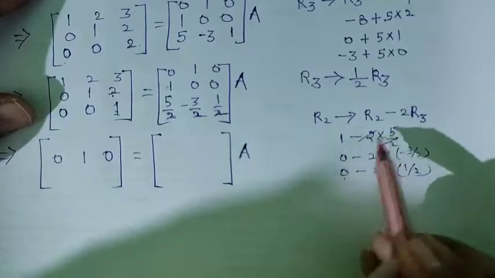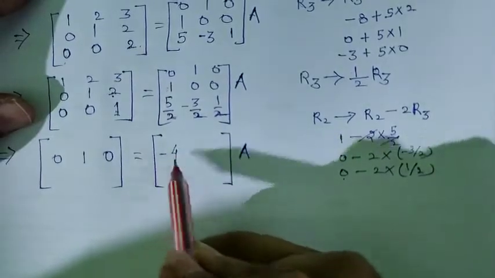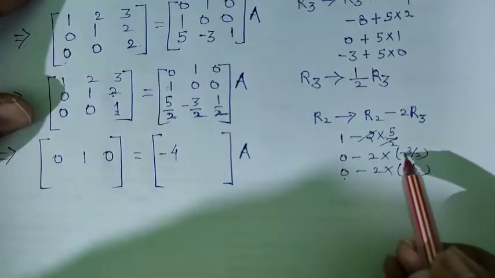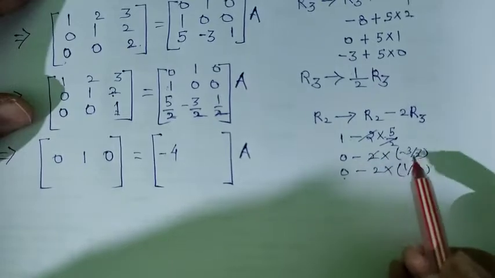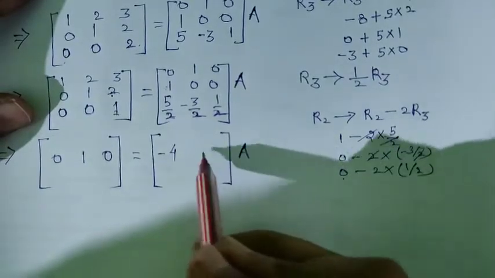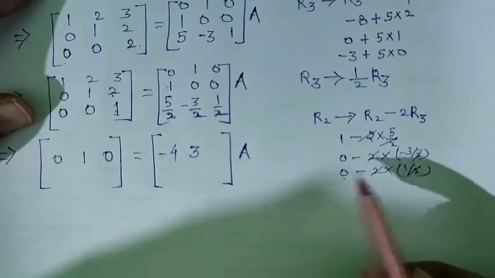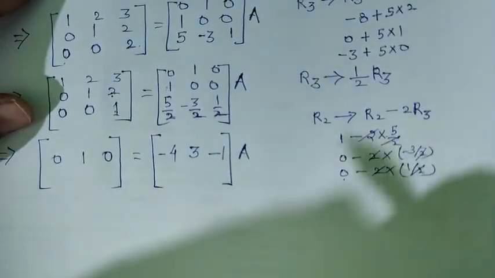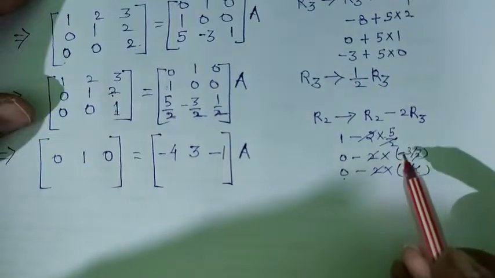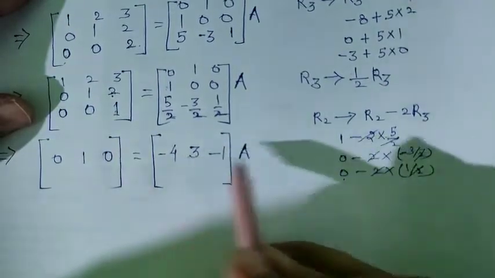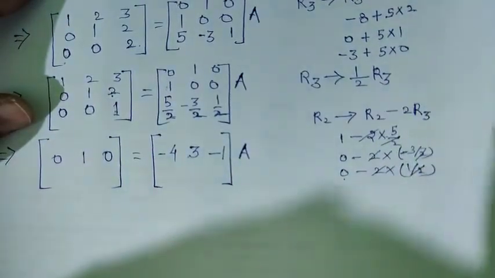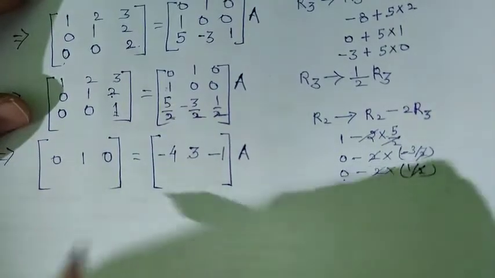It will be minus 4, and here it will be 3 and minus 1. This minus 3 and minus 3 will make it plus. This is negative and this is negative. Rest all the elements will remain the same.